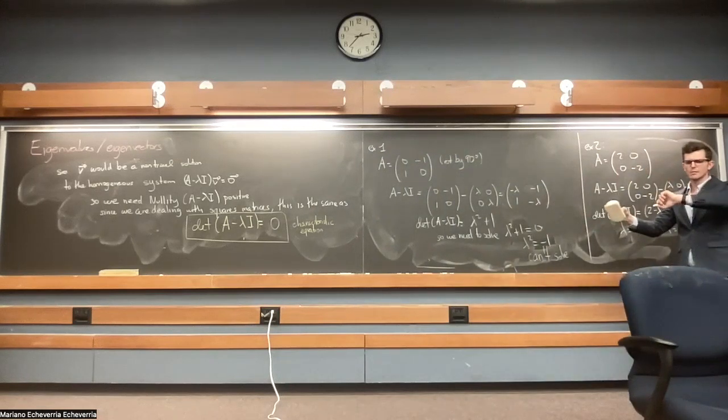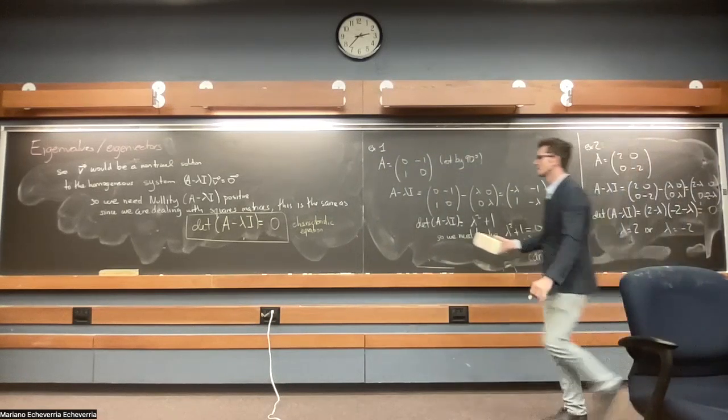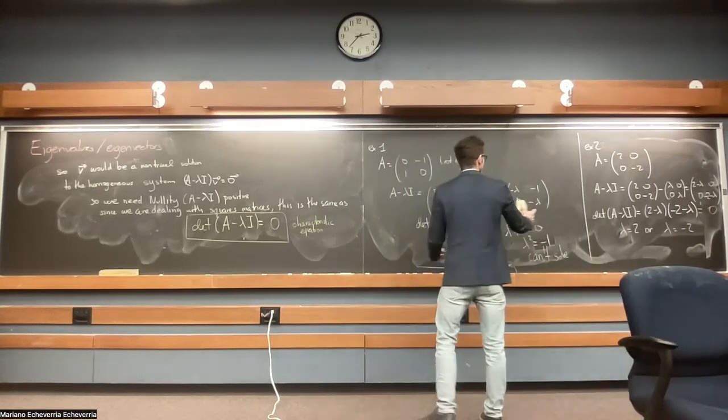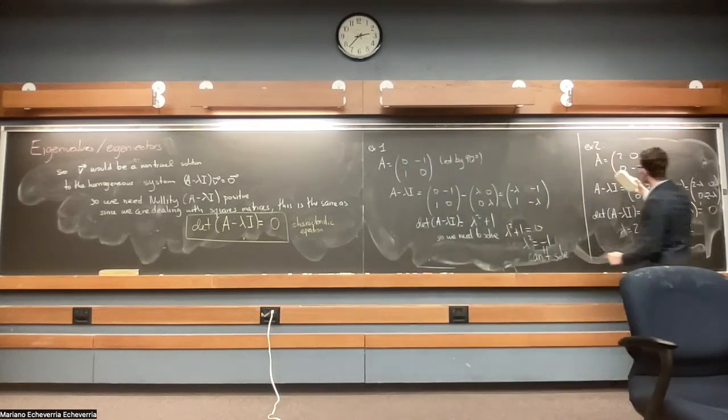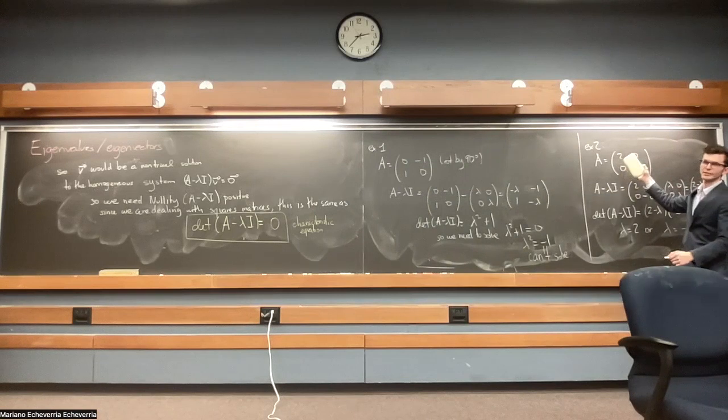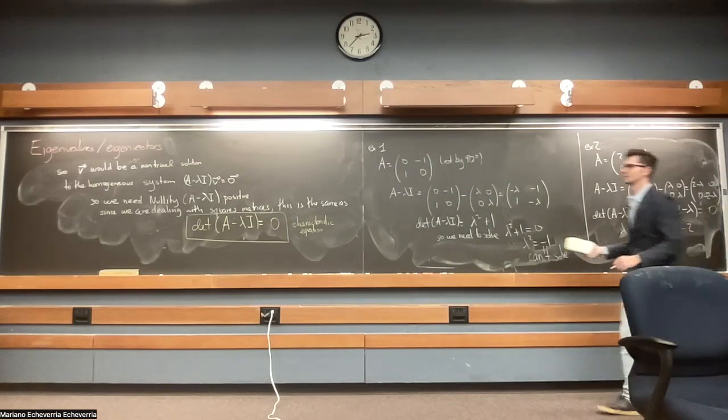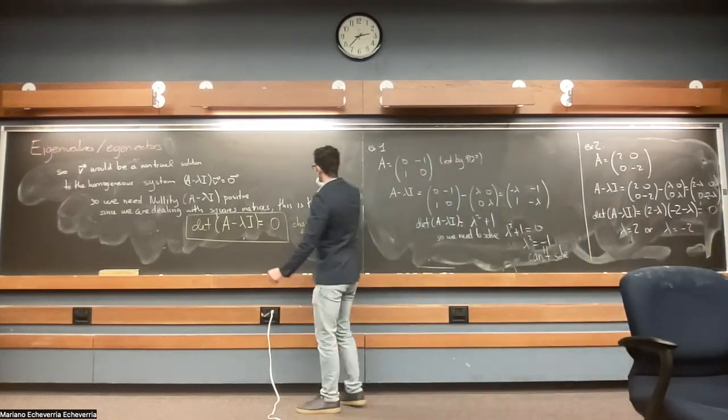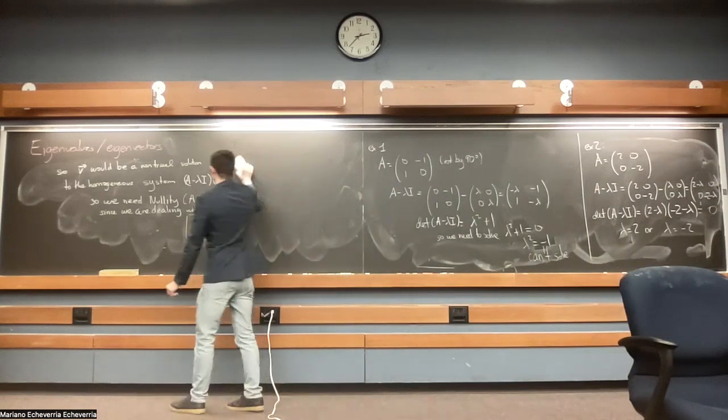In fact, before continuing with a more interesting example, here's a remark. This matrix is diagonal in the sense that the stuff outside the diagonal is a bunch of zeros. So let me make it as a remark.